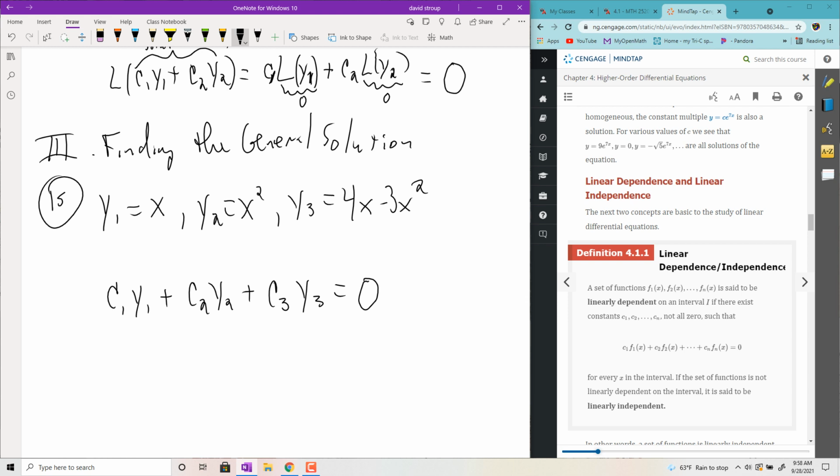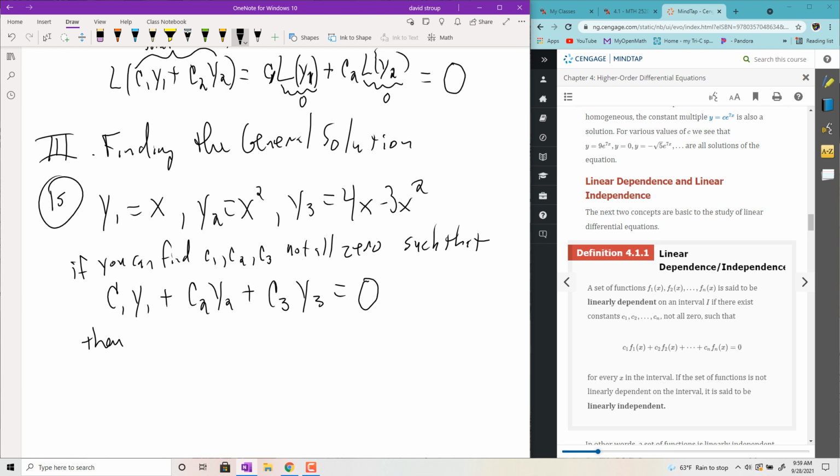Okay. So if you can find C1, C2, C3, not all 0, such that the sum equals 0, then one of the solutions is redundant.